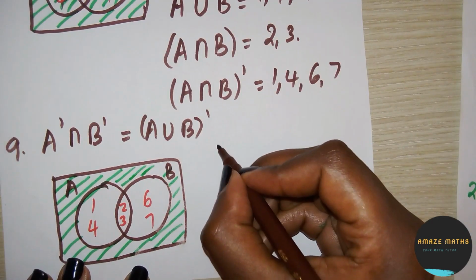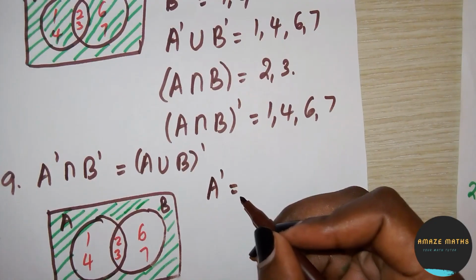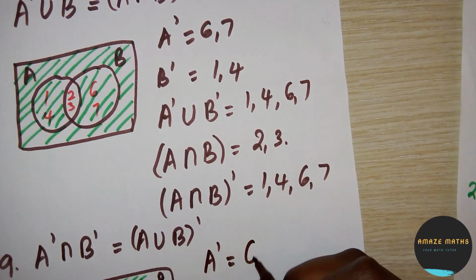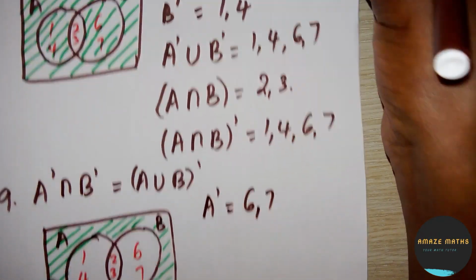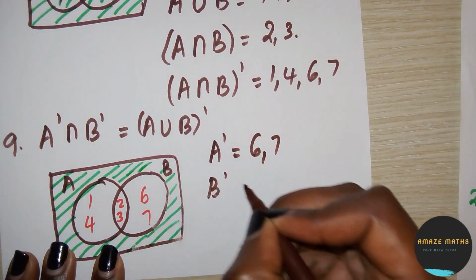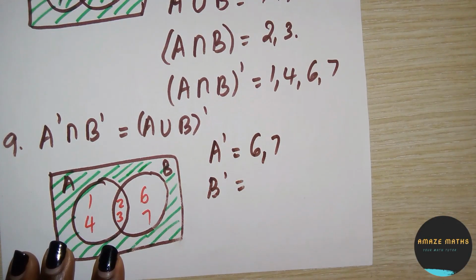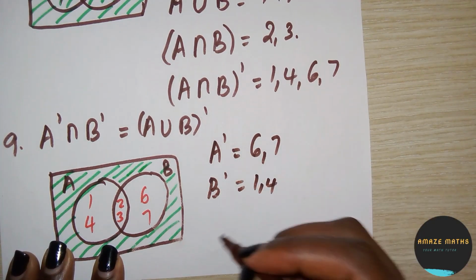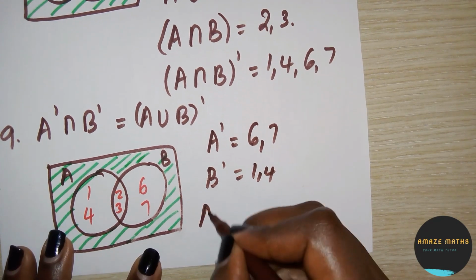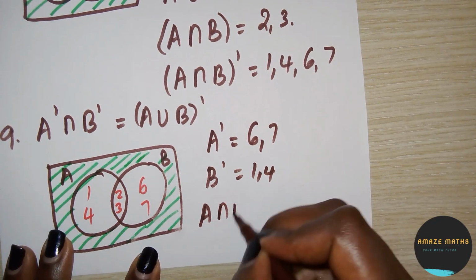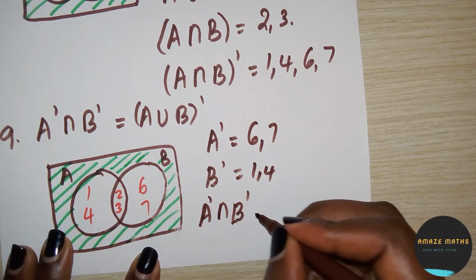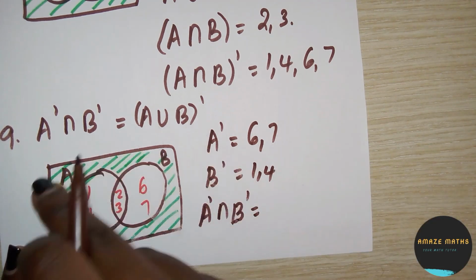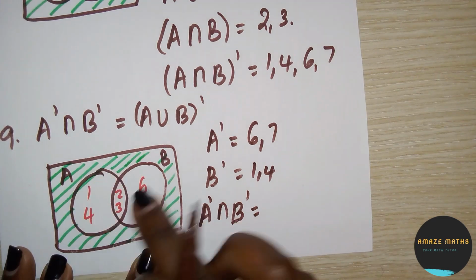Because complement of A is 6, 7, and then B is 1, 4, complement of B is 1, 4. Therefore, complement of A intersecting with B would be the region outside, which is not this one.